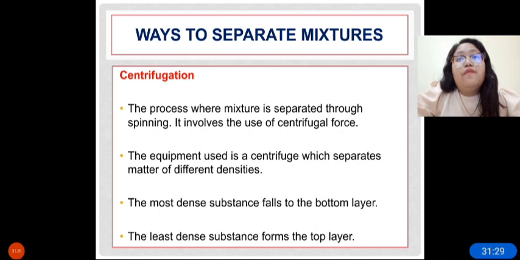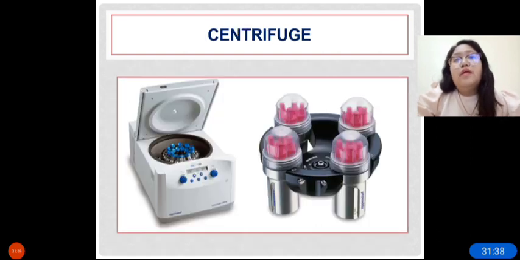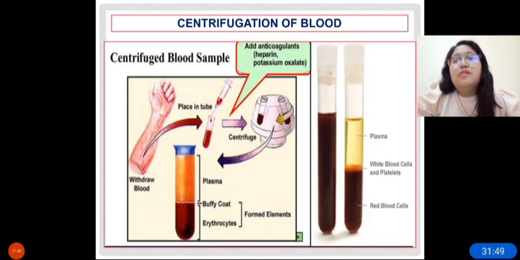So this is an efficient and effective method because it will ensure that each component can be isolated and analyzed individually. So this is the centrifuge machine, okay? A specialized machine to spin containers of liquid at high speeds.